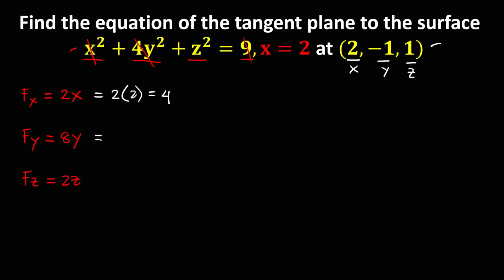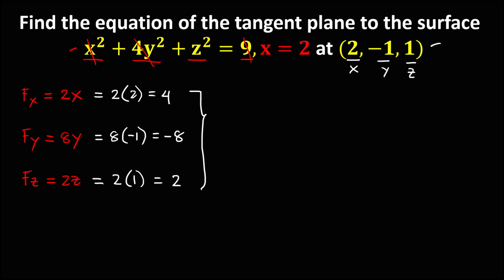Then for f sub y, we have 8 times y, which is negative 1, so f sub y equals negative 8. Then for f sub z, we have 2 times z. Z is positive 1, so f sub z equals positive 2. Then from these values, we can now find the equation of the tangent plane.